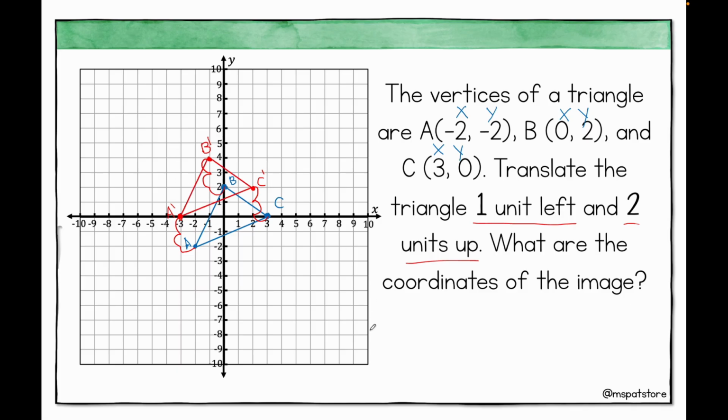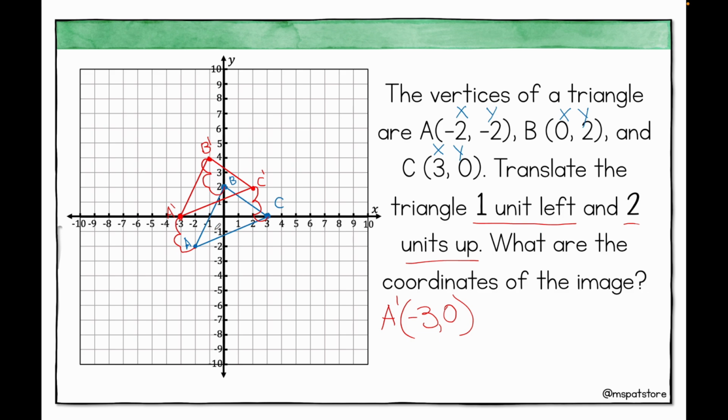Now let's write the coordinates of the image. A prime is located only in the negative 3 in the x-axis. Is not located in the y-axis, which means that this is negative 3, comma 0. Now, let's take a look at B prime.